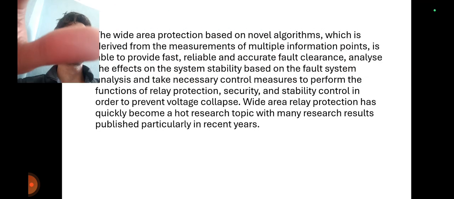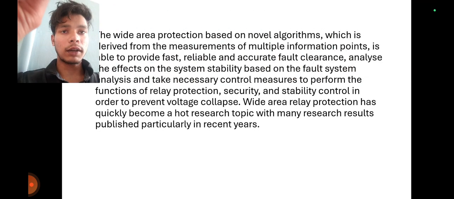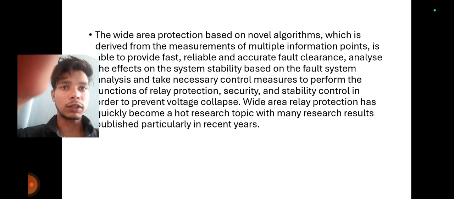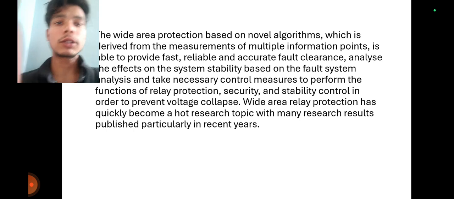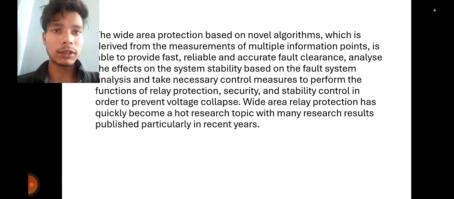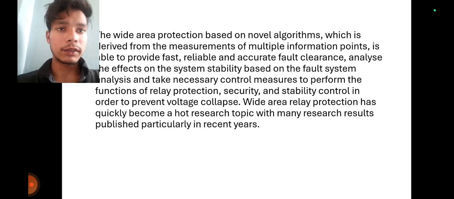The wide area protection based on novel algorithms, which is derived from the measurements of multiple information points to provide fast, reliable, and accurate fault clearance, analyze the effects on the system stability based on the fault treatment process, and take necessary control measures to perform the functions of relay protection, security, and stability control in order to prevent voltage collapse. Wide area relay protection has quickly become a hot research topic, with many research results published, particularly in recent years.